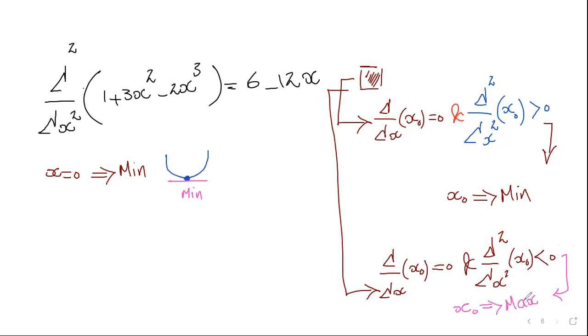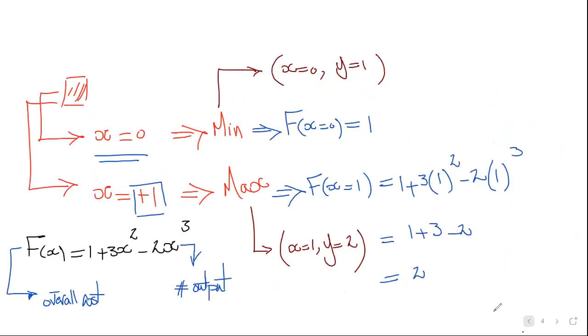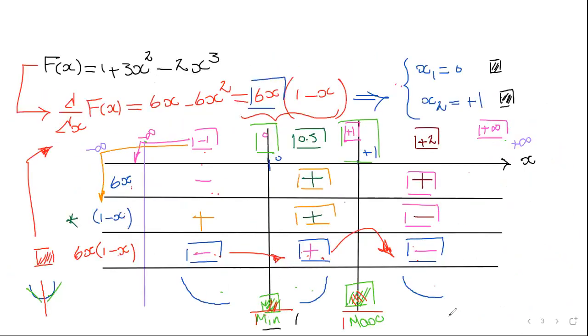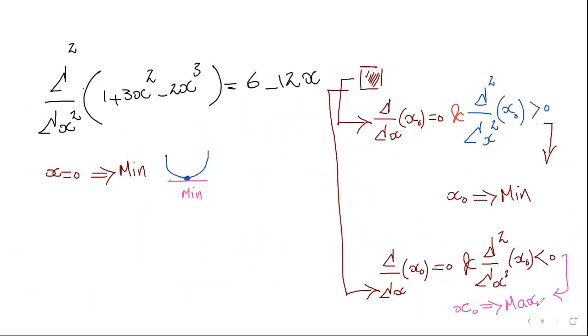They call that concave down. You can use it as a test. We found x equal to 0, based on what we did here, to be a minimum value. Let's use this test using the second derivative.